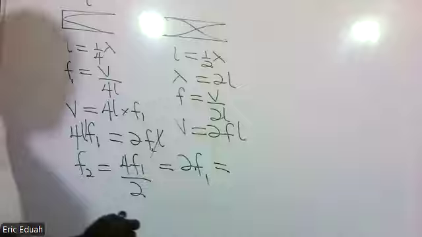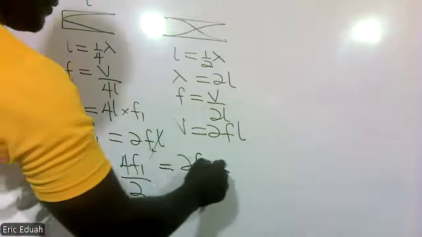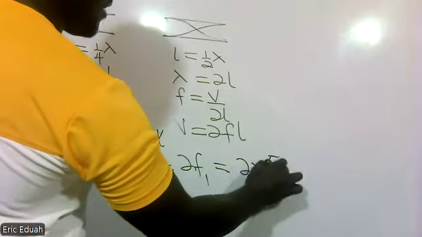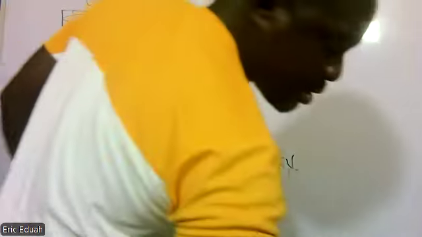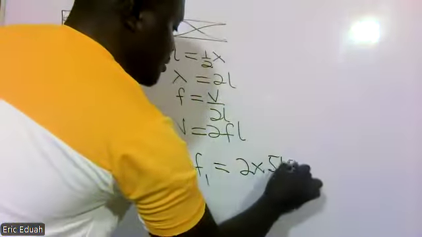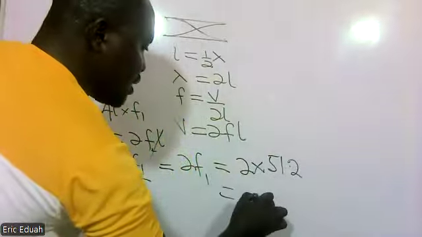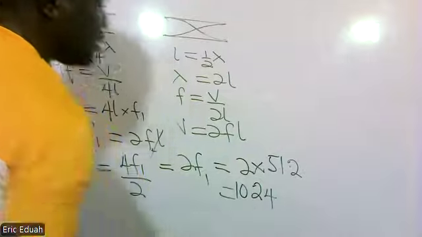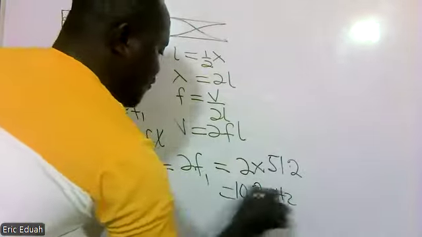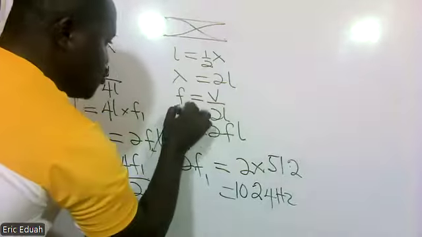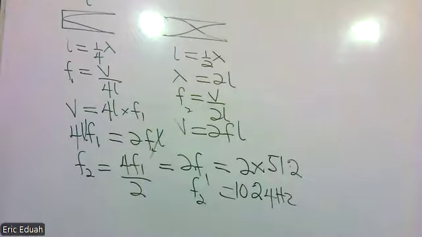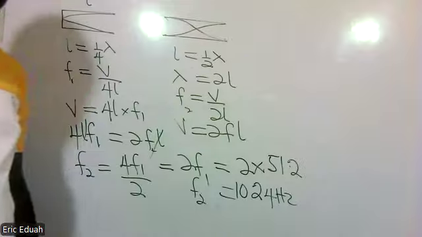And you are given the fundamental frequency of the closed as 512. So 2 times 512 gives 1024 for F2. So that's the answer. Very, very simple.